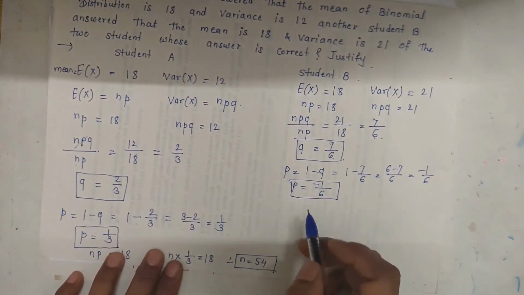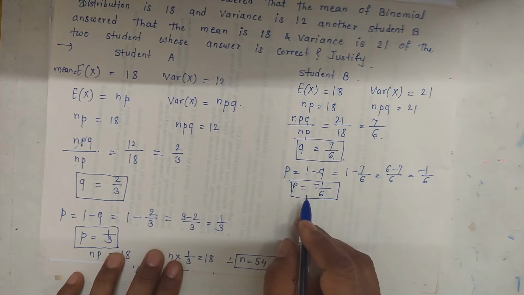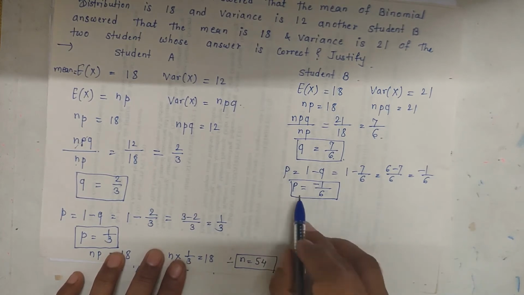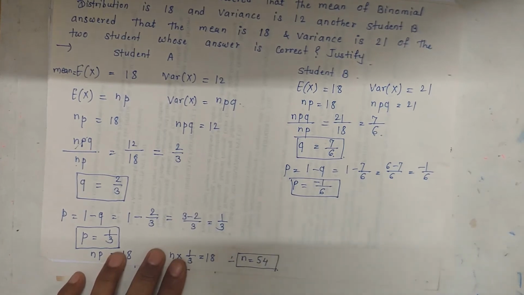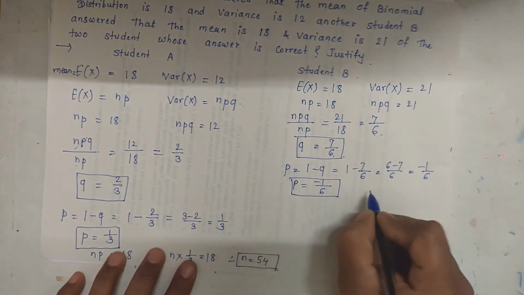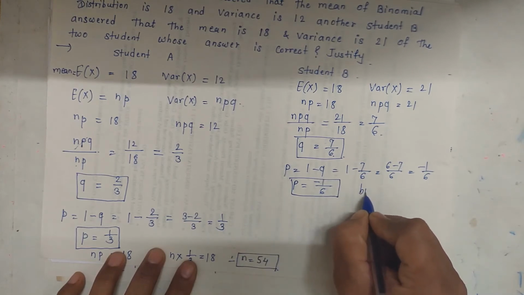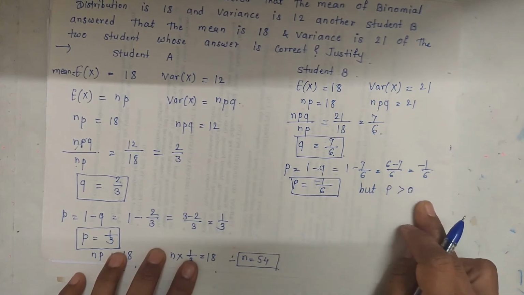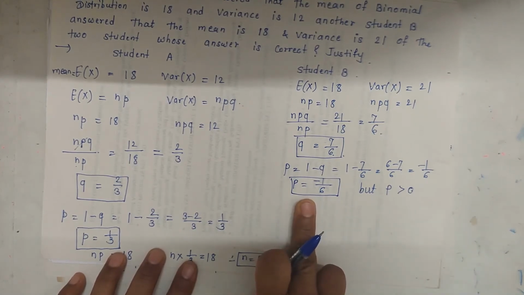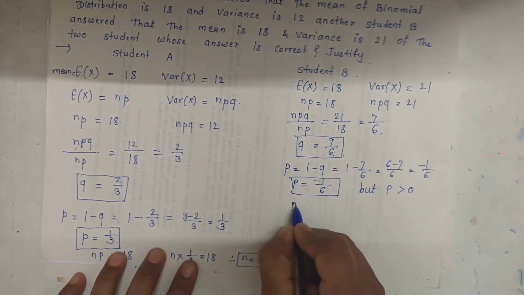minus 1 by 6. So the value of p is equal to minus 1 by 6. But we know that p lies between 0 to 1 and this value is negative, that is less than 0. Here p is the probability of success, which is always greater than 0, and here p is equal to minus 1 by 6, that is negative, which is not possible.